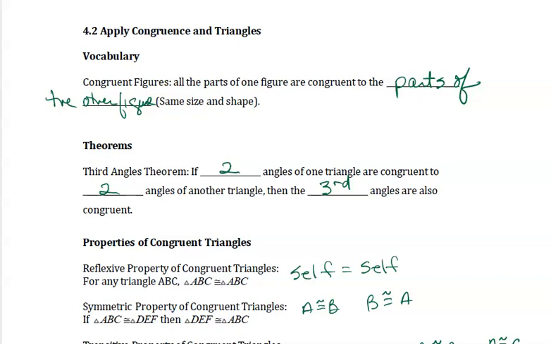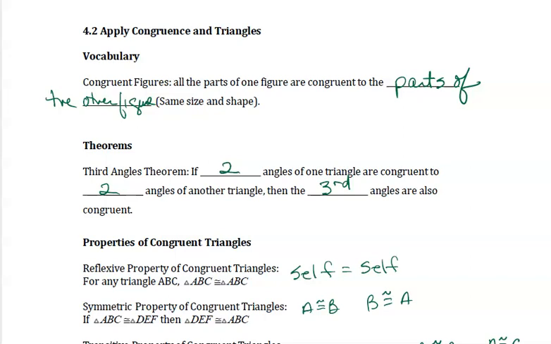Okay, here's our theorem. Third angle theorem is if two angles of one triangle are congruent or equal to two angles of another triangle, then the third angles are also congruent or equal. And that's based on the premise that you have 180 degrees in both triangles.